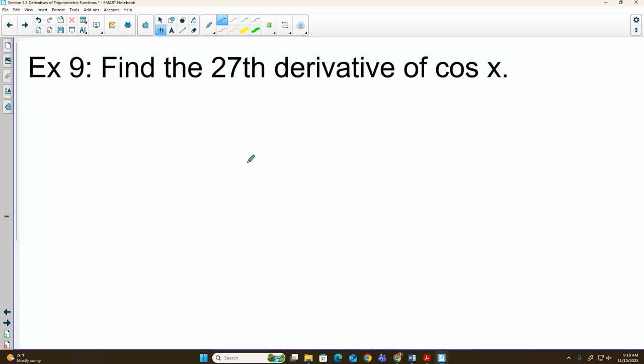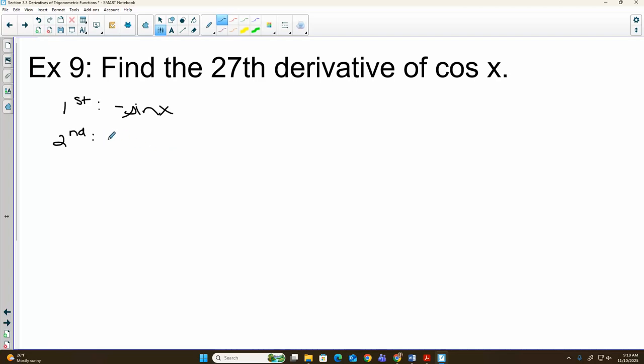Last one. I want the 27th derivative of cosine. What's the first derivative of cosine? What's the derivative of cosine? Okay. What's the second derivative?